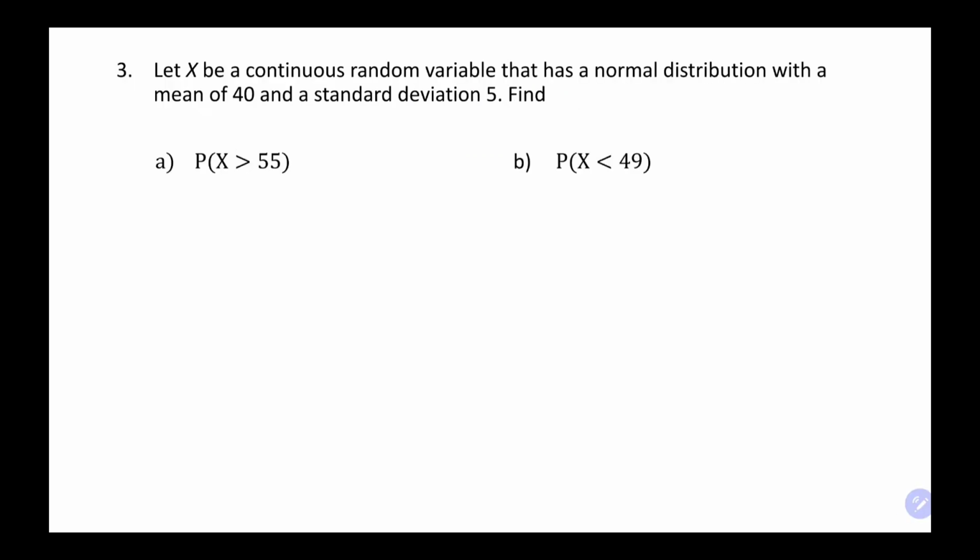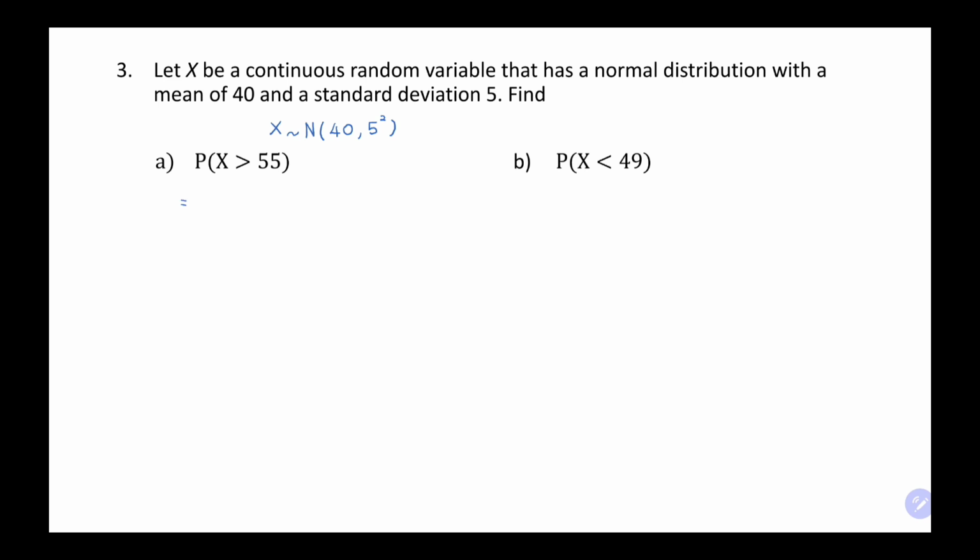Continue question number 3. Let x be a continuous random variable that has a normal distribution with a mean of 40 and a standard deviation 5. Okay, first, x is normally distributed with mean 40 and standard deviation 5. So we put 5 square. Okay, first question, find P(X greater than 55).